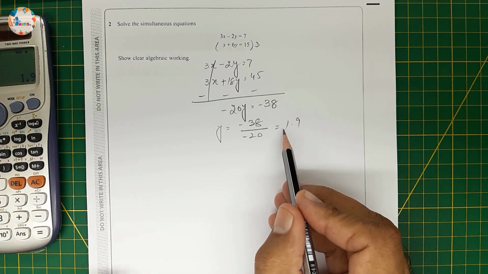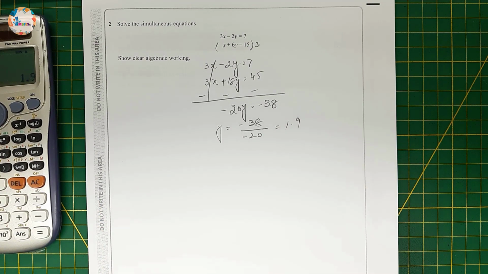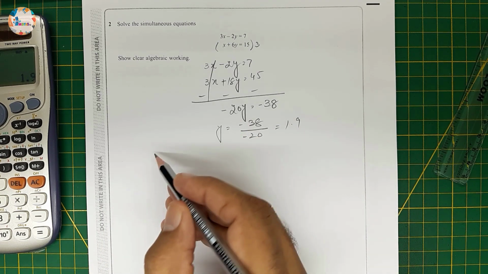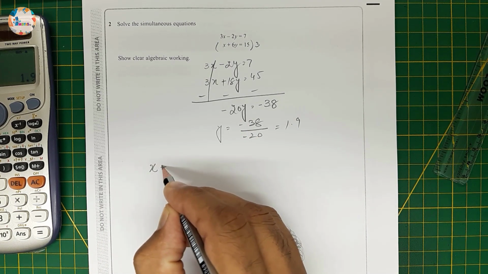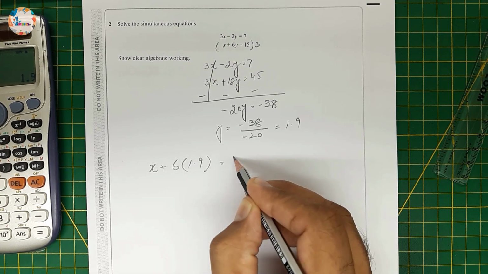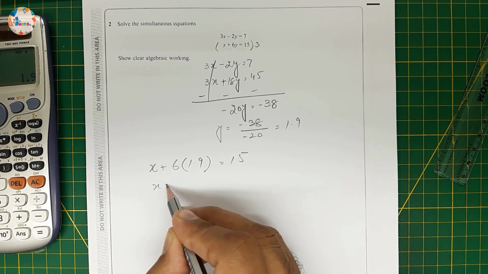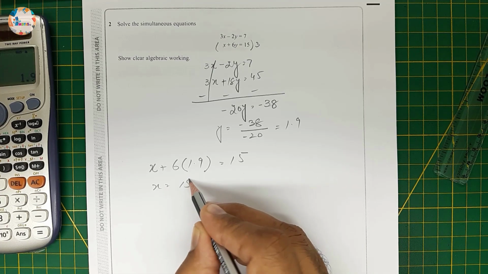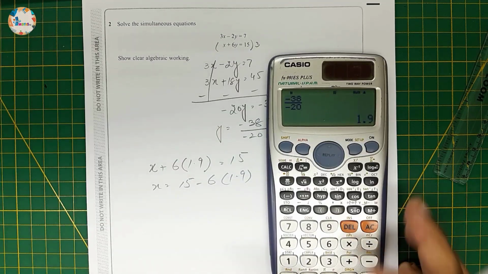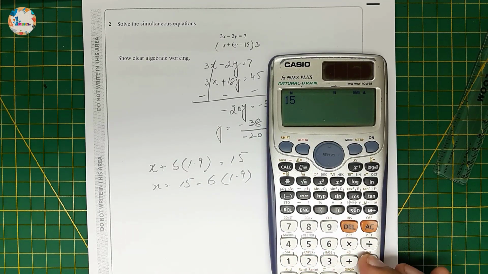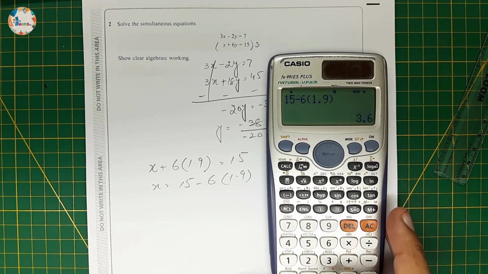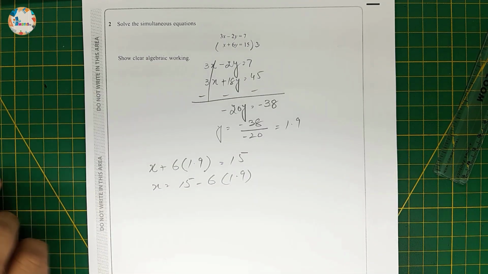Now we can substitute this y value into either of the two original equations. I will substitute into the second one. So x plus 6 into 1.9 is equal to 15. So x is equal to 15 minus 6 into 1.9, and we will use a calculator. 15 minus 6 into 1.9 results in 3.6.